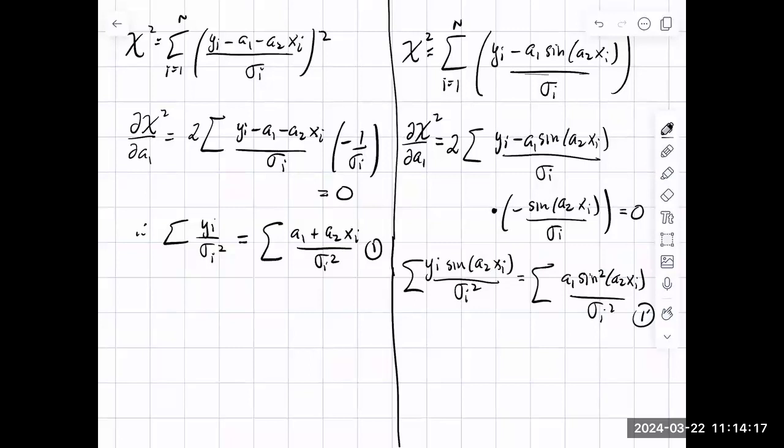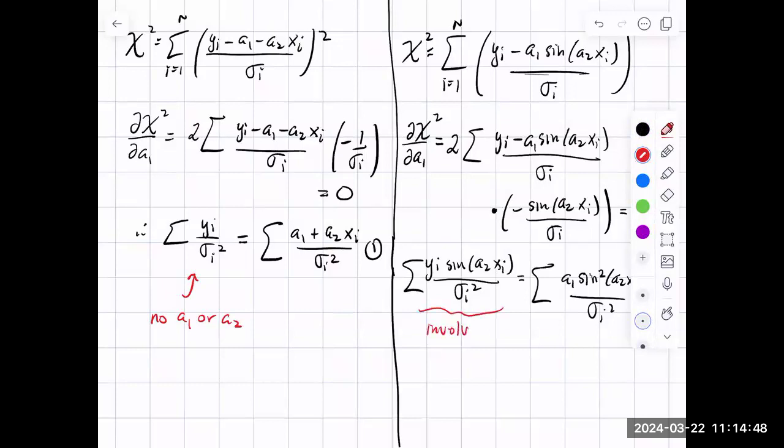What's different is on the left-hand side of the linear fit, we don't have any of the A parameters, whereas here we do have one of our fit parameters multiplying the yi. And so the first thing we'll observe is that this has no a1 or a2, whereas this involves a2. Okay.